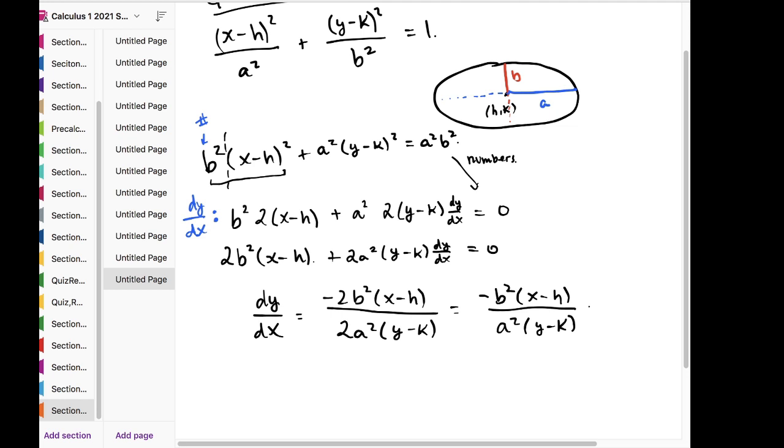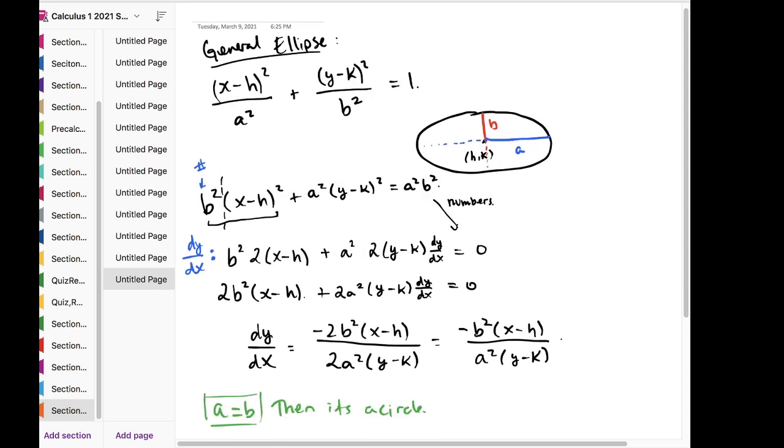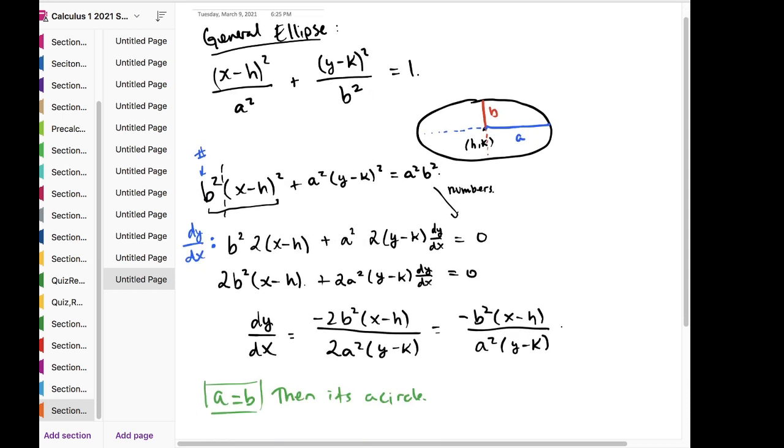So that's the derivative. What happens if a is equal to b? Yeah, then it's a circle. So the general ellipse includes the general circle. A circle is a type of ellipse where a and b are the same. So it's just one note.